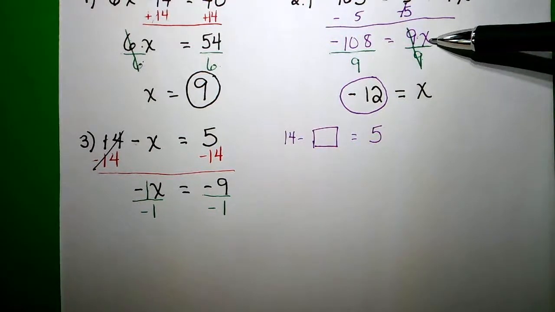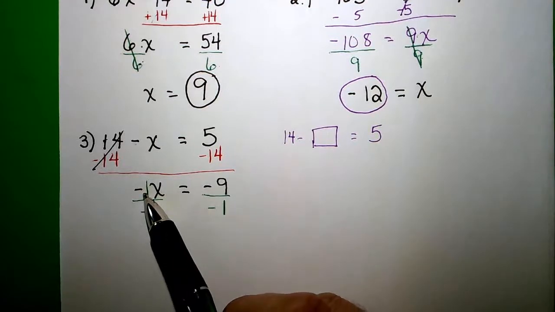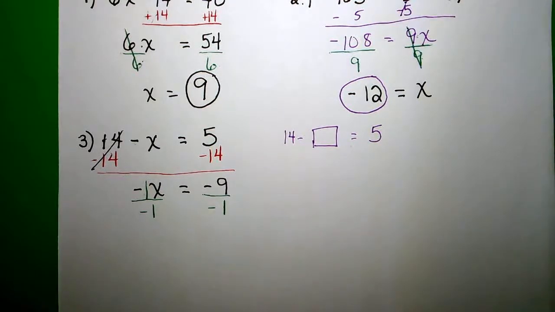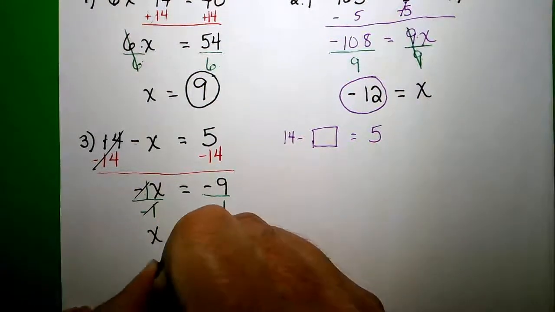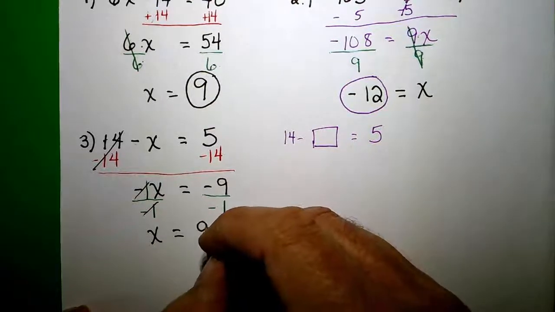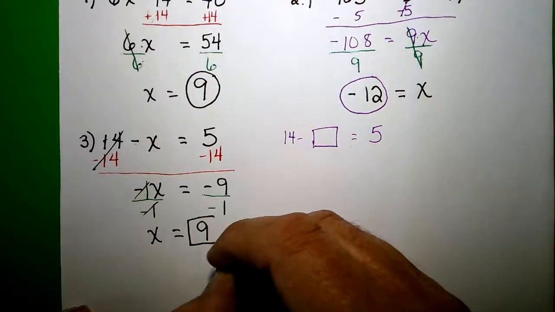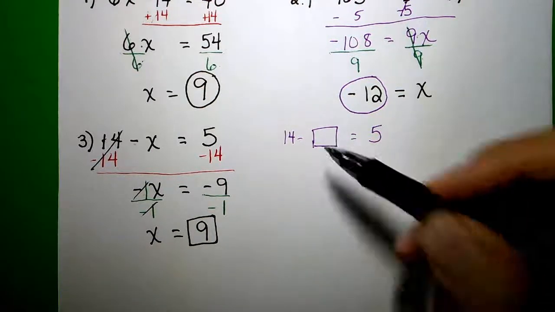The coefficient is the number that's attached in front of the variable, the number that the variable is being multiplied by. Here, the variable is being multiplied by negative 1. Divide both sides by negative 1, and we're going to get x equals negative 9 divided by negative 1. There's your positive 9. That we knew had to be the answer.